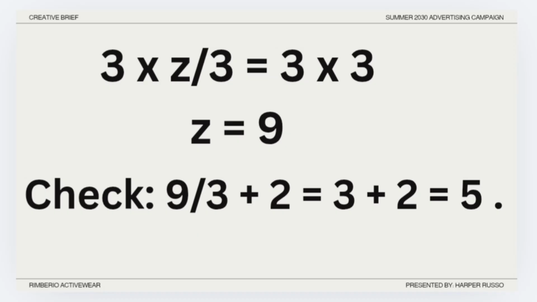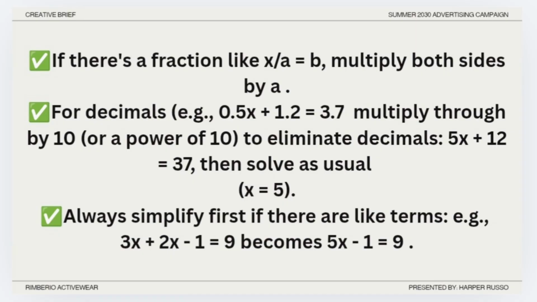Multiply both sides by 3. 3 times z over 3 = 3 times 3. Finally, z = 9. Check the result by substituting 9 for z. 9 over 3 + 2 = 3 + 2. Finally, the result is 5. Good. Tips for basic equations.